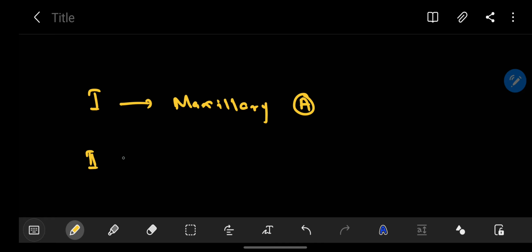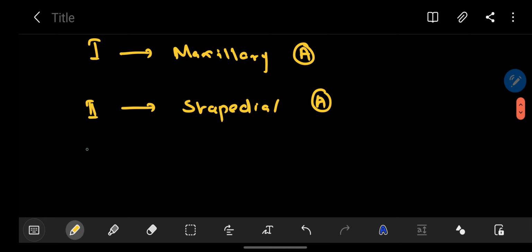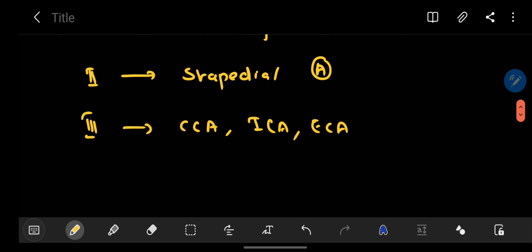So on summarizing, the first arch artery disappears and the remnant formed is the maxillary artery. The second pharyngeal arch artery disappears and the remnant formed is the stapedial artery. From the third arch, the common carotid artery, internal carotid artery and external carotid artery are formed.